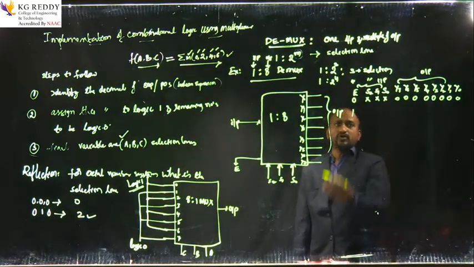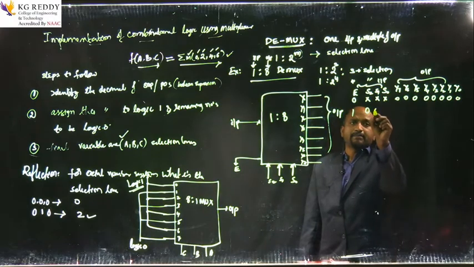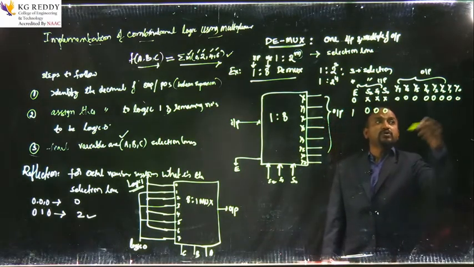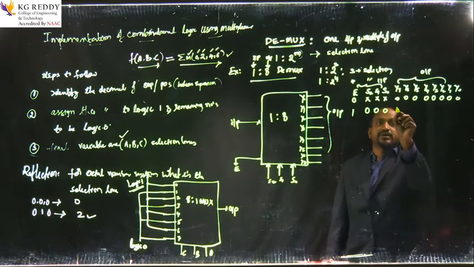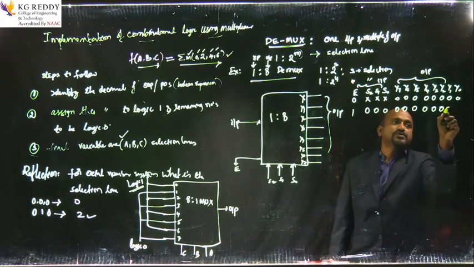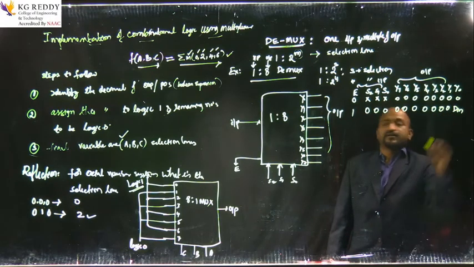Once it is enabled, based on the selection lines, if I select 0, 0, 0, output Y0 will be selected and the remaining outputs are all 0. Here is the data in.